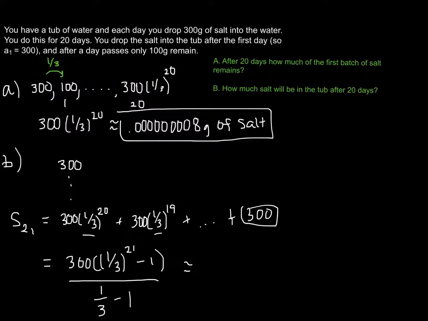Well, probably not, because each of the other 300s is being cut into thirds a certain number of times, and so that's, as we saw here, this is a very small number, this is also a very small number. It's probably not going to be a whole lot bigger than 300, right? Not that much, maybe 500, 600. So you should be looking for a number about there. And it turns out that's what you get. You get about 450 grams of salt.